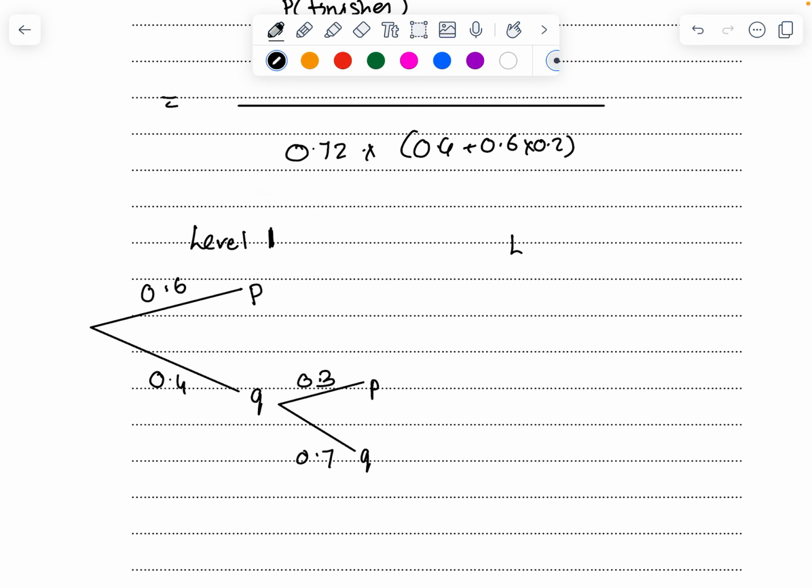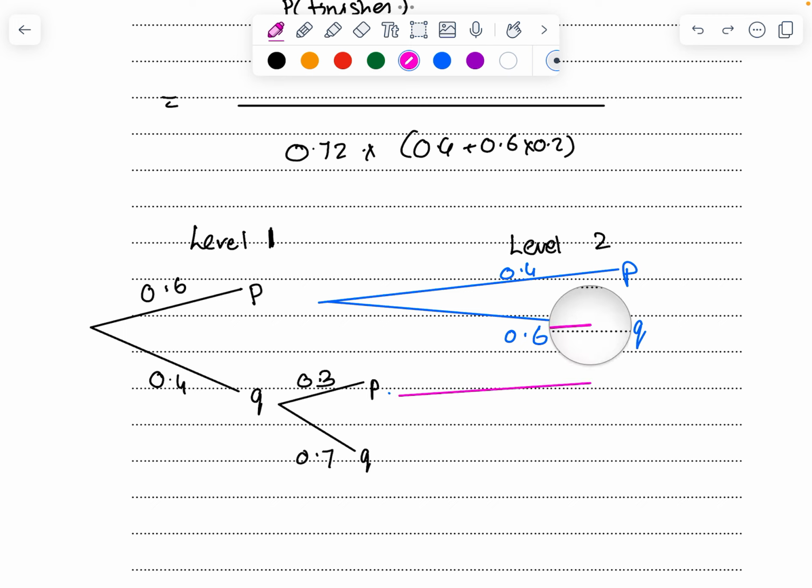Now she comes to level 2. She passes level 1, so she comes to level 2. The success, completing it in the first attempt, is going to be 0.4, so failure is going to be 0.6. When can she play level 2? Whenever she passes level 1.